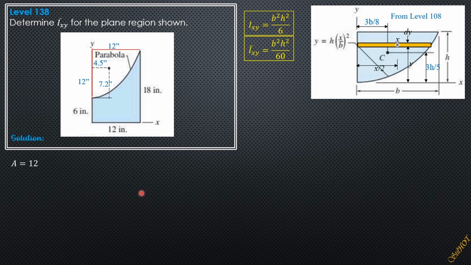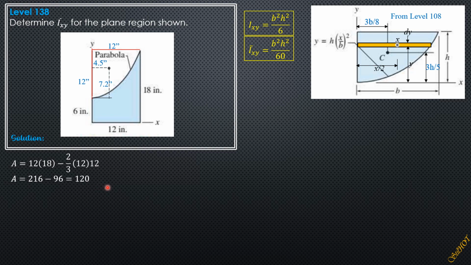So area is 12 by 18 for the rectangle minus the parabola, 2/3 of 12 times 12. So area is 216 for the rectangle, 96 for the parabola, so 120 for the entire region.